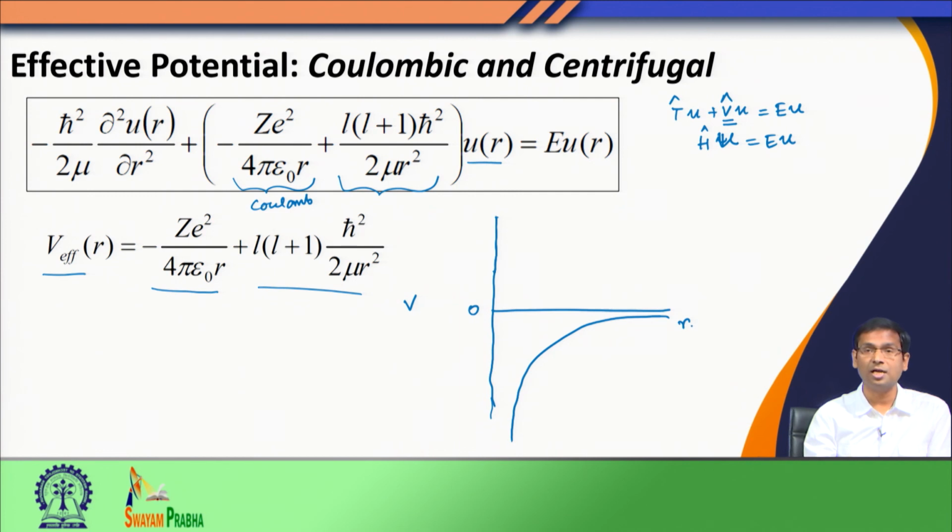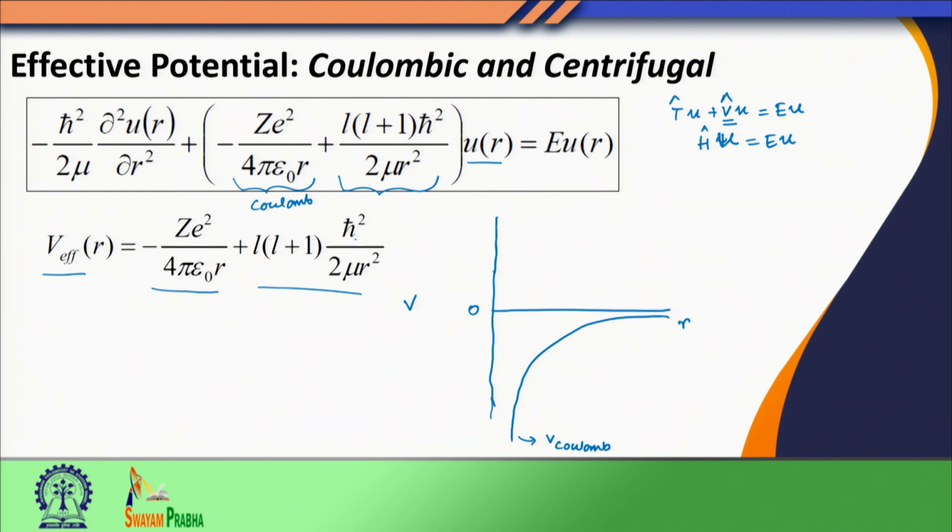So, at large values of r, it will asymptotically go to 0. So, this is my V Coulomb. The other term that you see is 1 over r square type of term. If I plot this term, I would see that this will be the other term which is also known as the centrifugal potential.